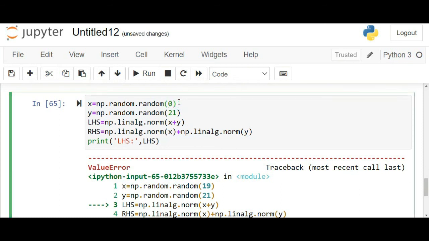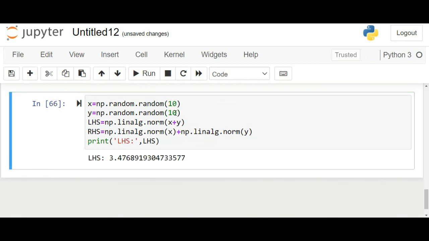Okay, if I write 10 and this is also 10, now it will work, because for the same value this will work, otherwise this will not work.